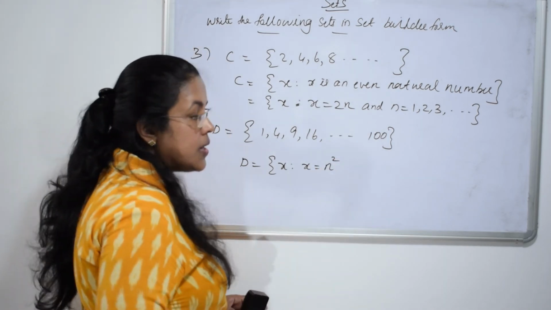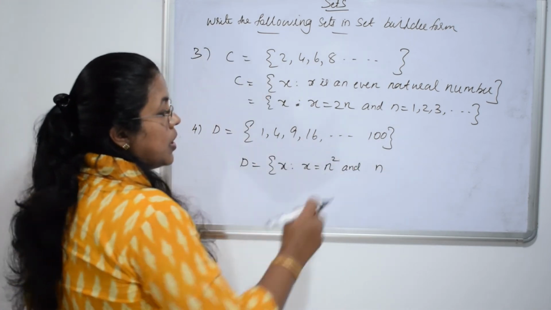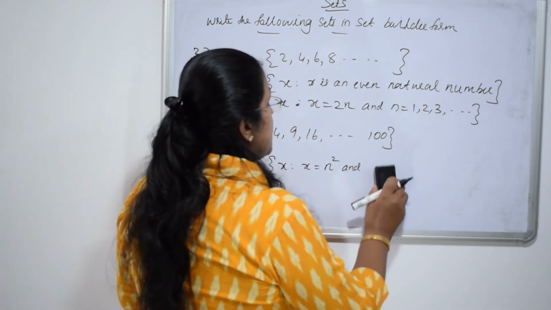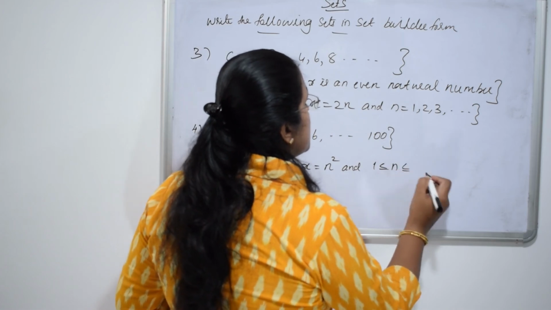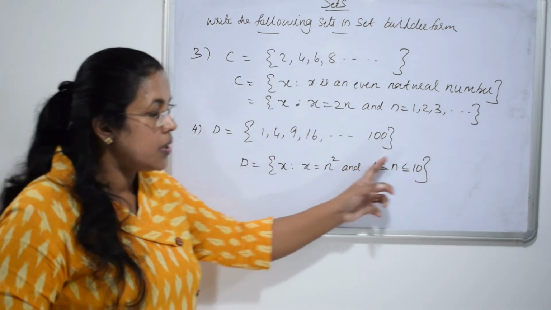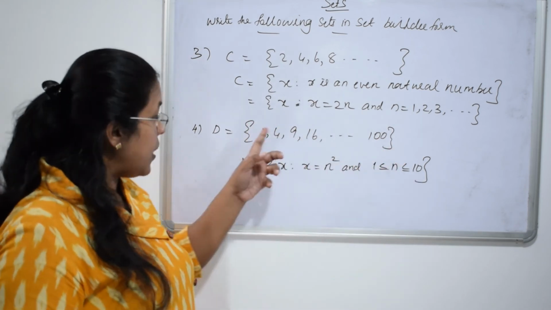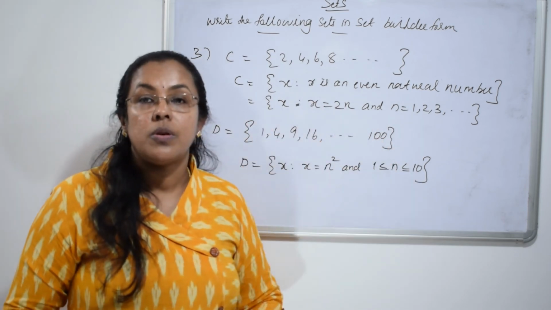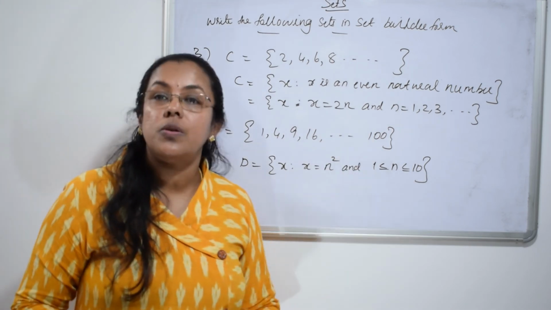X is equal to n square, and n lies between what and what? 1 less than or equal to n less than or equal to 10. Including 1 and 10. The value of n is from 1 to 10.